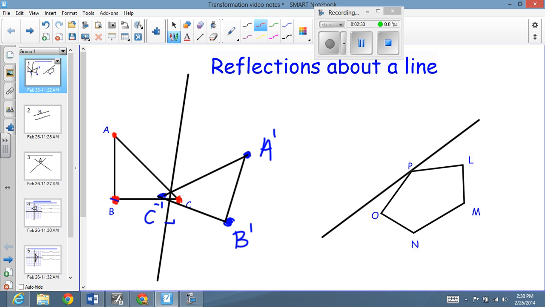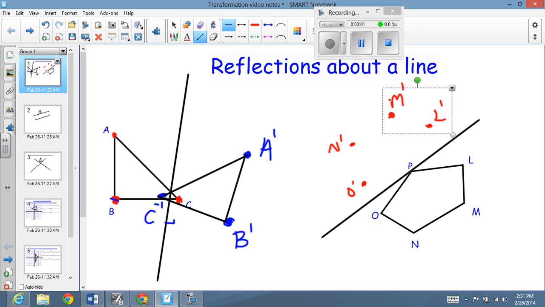Second one here, we're going to reflect this thing. The point P isn't reflecting at all. The point O would reflect over to here, that's my O prime. The point N would also reflect over to here, that'd be my N prime. Point L is going to reflect across the line as well, and point M will do the same, M prime, L prime, and then we're going to connect these.